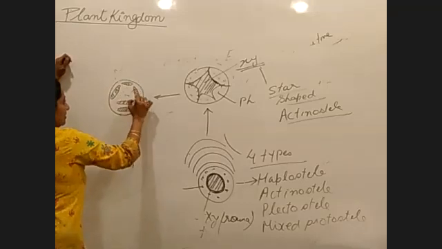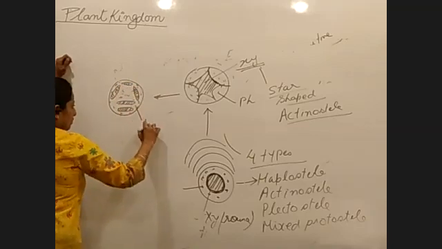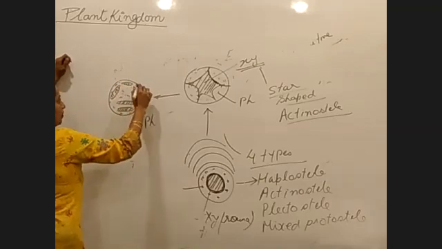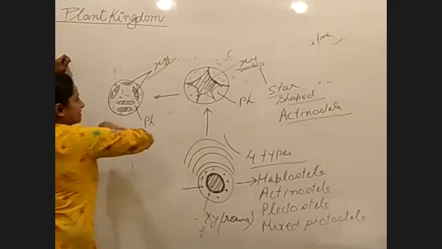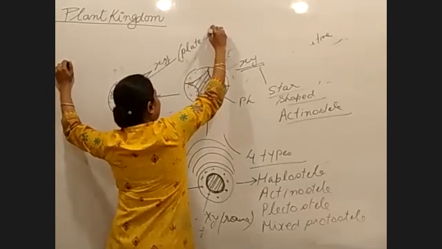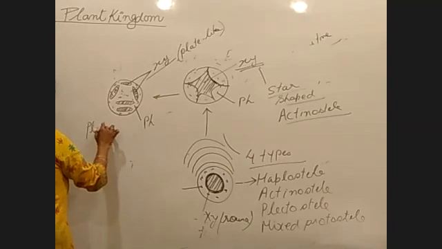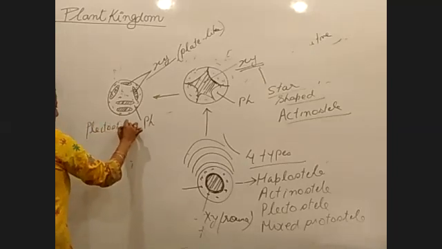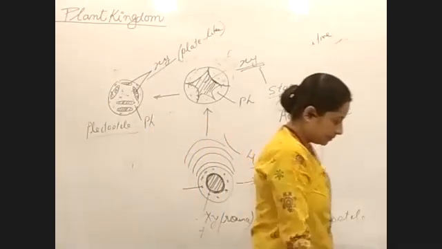And the remaining tissues are obviously phloem, and these plate-like structures of xylem are called plectostele. Clear?